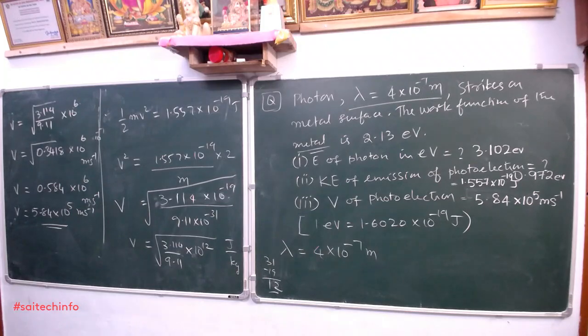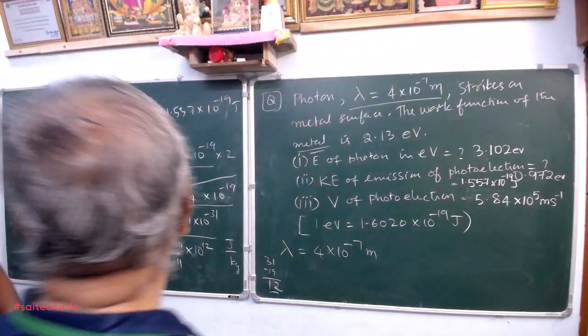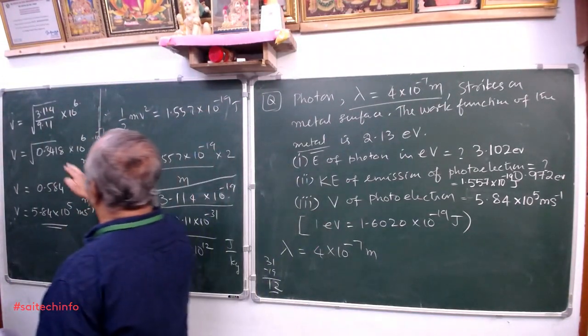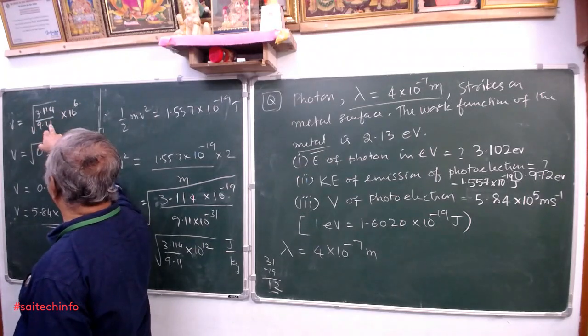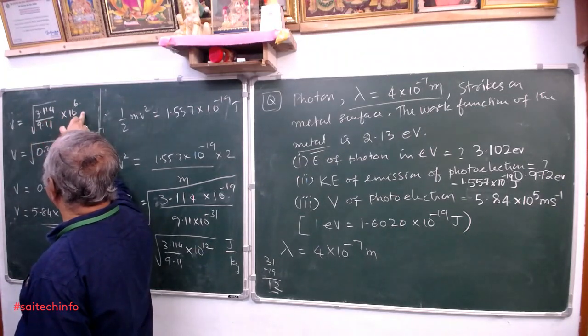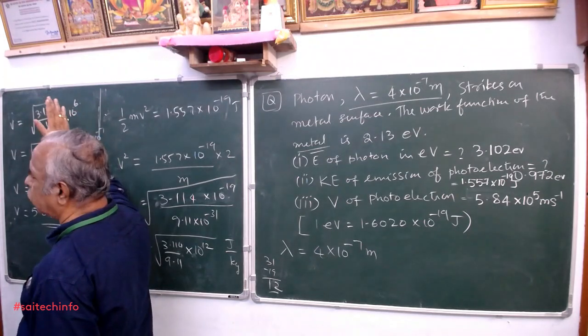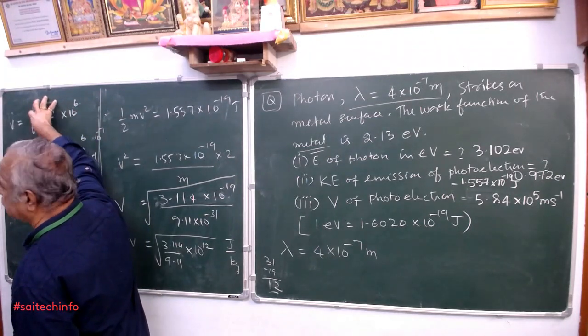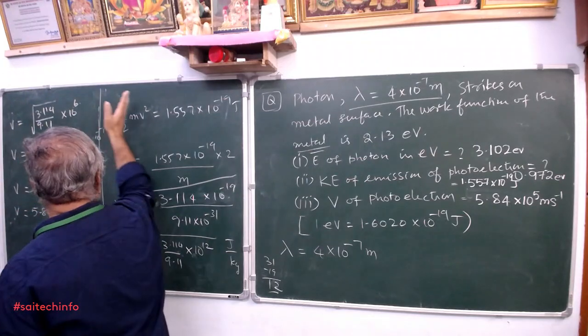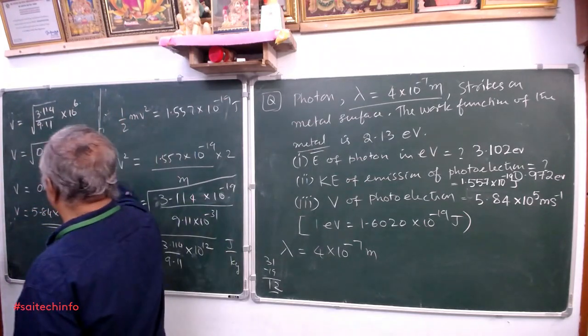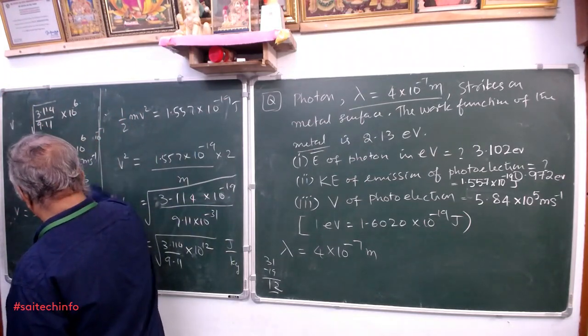So we are going to work out the logarithm for this portion, okay? Because we have already taken the 10th power outside the square root. Now we are going to work out only this part.